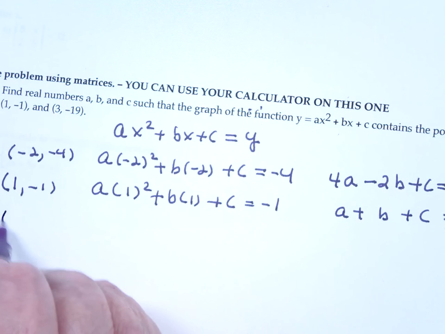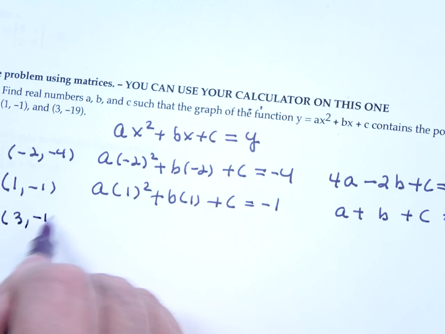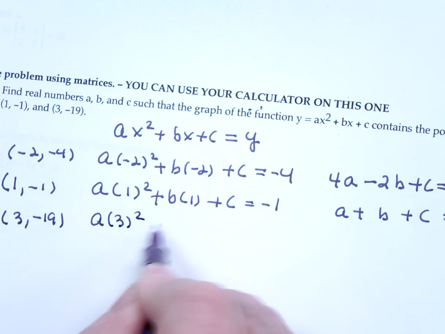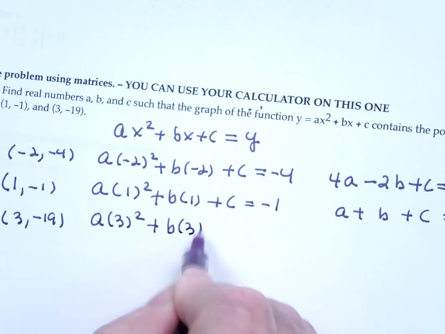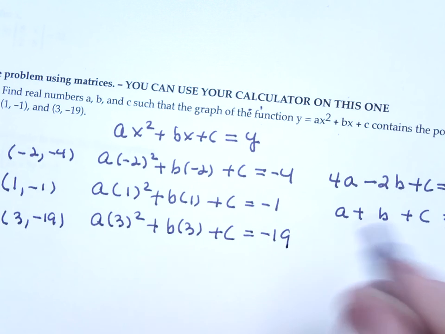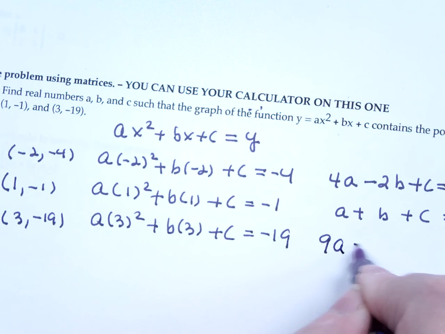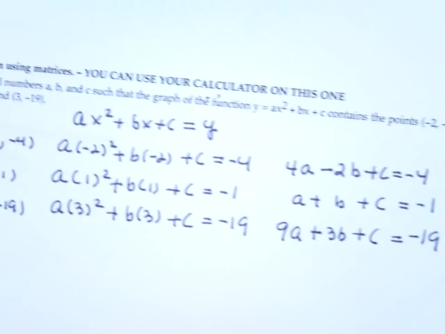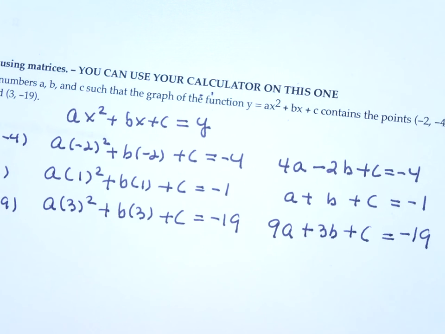Equation 3 is 3, negative 19. So a times 3 squared plus b times 3 plus c is negative 19, or 9a plus 3b plus c is negative 19. So that's my system.